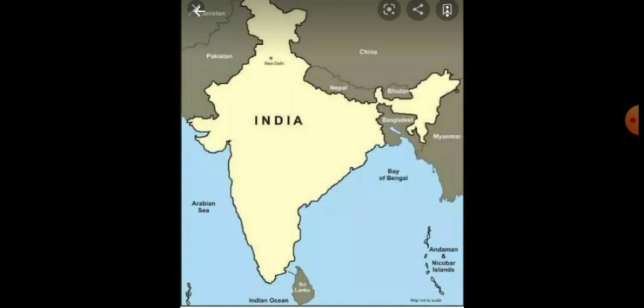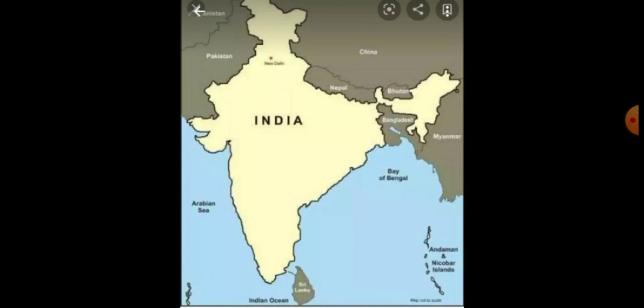Pakistan and Afghanistan in the northwest, China, Nepal, Bhutan in the north, Bangladesh and Myanmar in the east. Which is the longest border of India? Bangladesh. Which is the shortest border? Afghanistan.